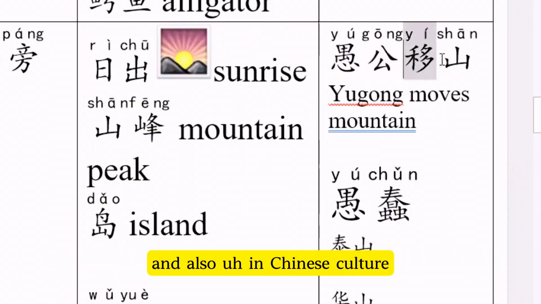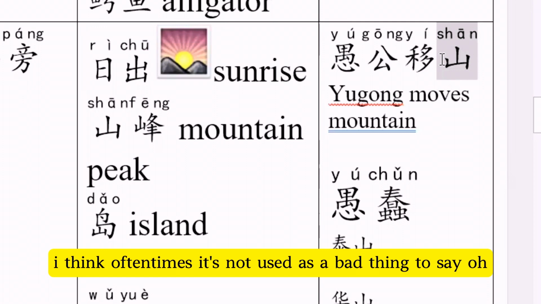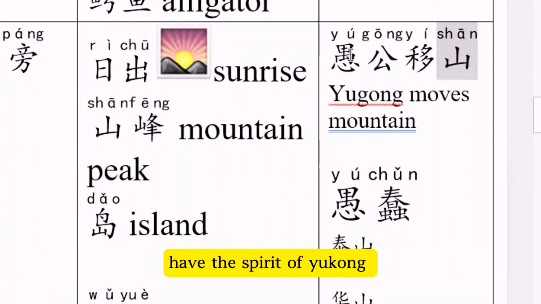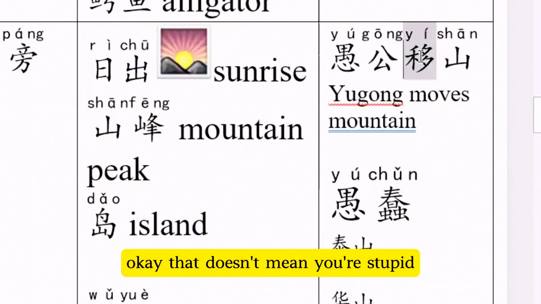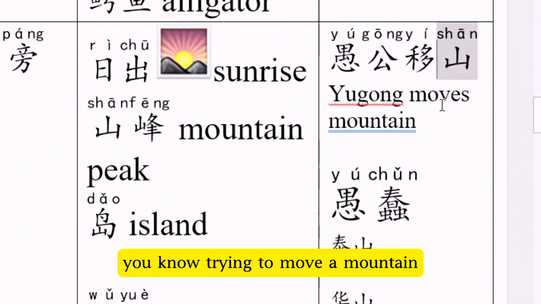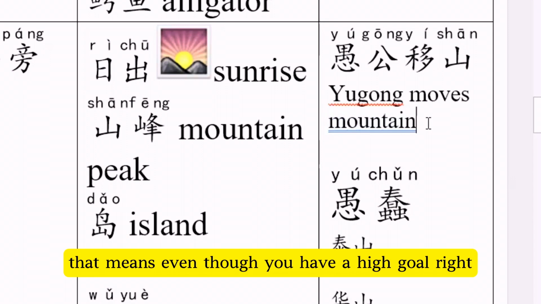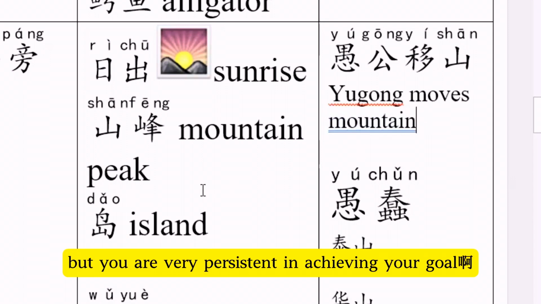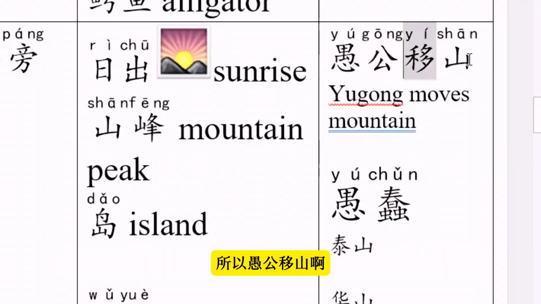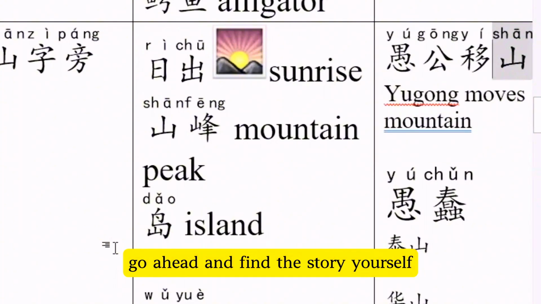Also in Chinese culture, oftentimes it's not used as a bad thing to say, oh, you have the spirit of 愚公. That doesn't mean you're stupid for trying to move a mountain. That means even though you have a high goal, you are very persistent in achieving your goal. So 愚公移山. Go ahead and find the story yourself.